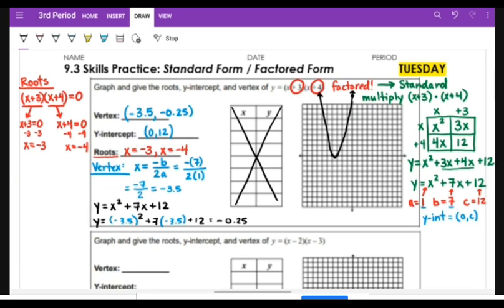Let's take the vertex off a bit. You got the right x value for your vertex, but when you plug it in, something goes wrong. I'm guessing, so this should be 16 minus 32 plus 9. Oh.